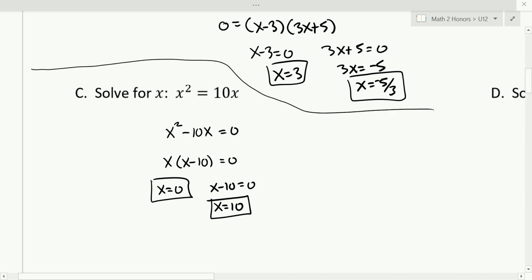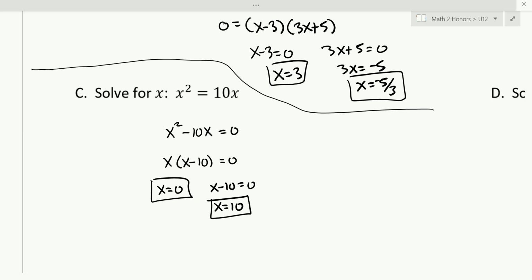Did we get an answer? 5 and negative 5? No. 0 and 10. And factoring would be the easiest method on this one. So you have to make it equal to 0 first.